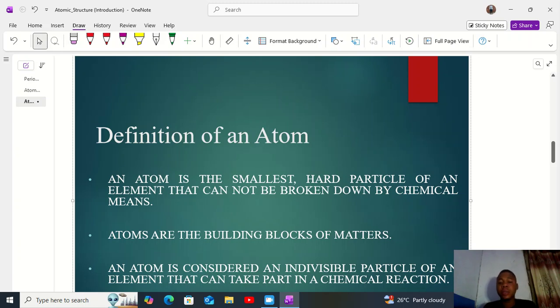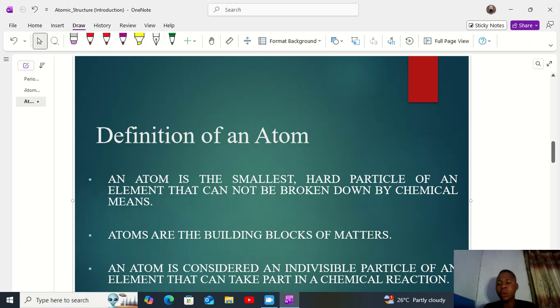An atom is the smallest hard particle of an element. From the word element, it is expected to ask, what is an element? An element is one of the three fundamental divisions of matter. We have elements, mixtures, and compounds. So that is the division of matter.